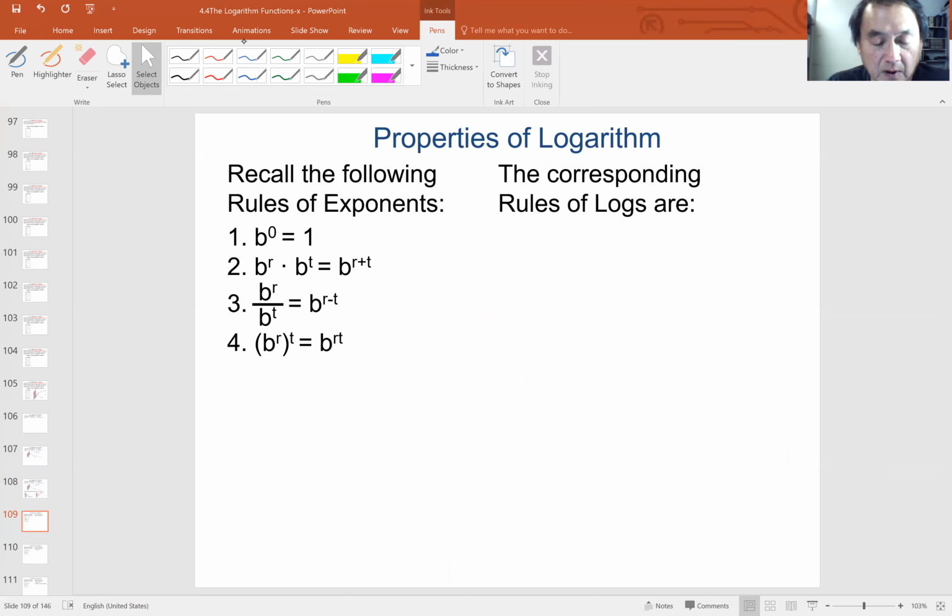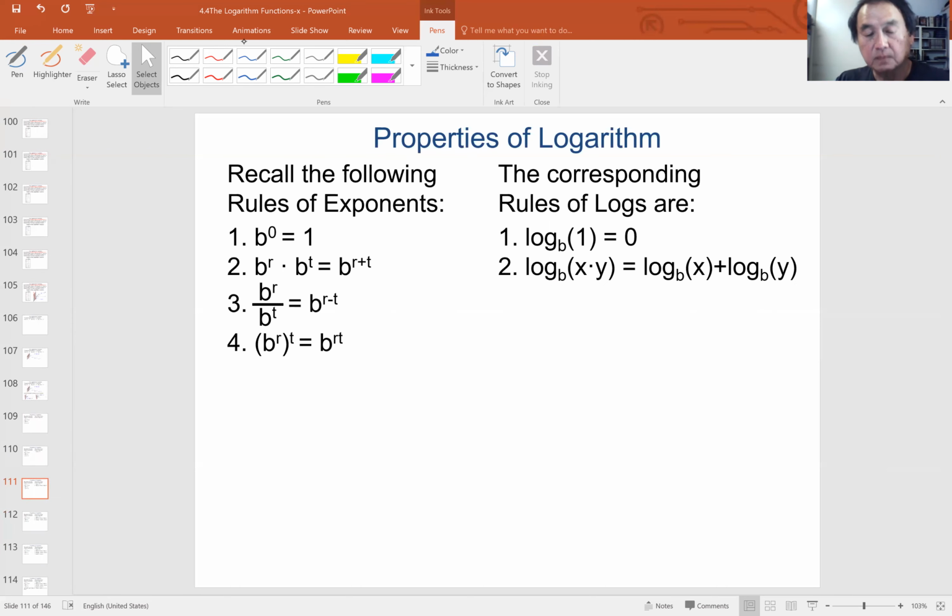Now we come to the rules of logs, and log basically has to do with exponents. The rules for exponents: multiply, add; divide, subtract; taking a power to a power, multiply. Those rules for exponents translate into rules for logs.